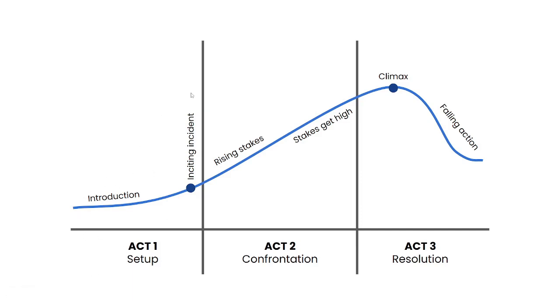Then you throw in the inciting incident. That's where something happens that throws them into their quest, their journey, their mission. And that's where confrontation begins, with rising stakes as it gets higher and higher, building up to a climax, and then you have a resolution.